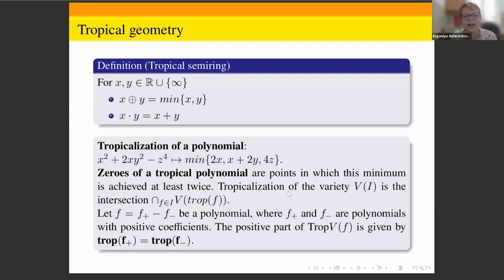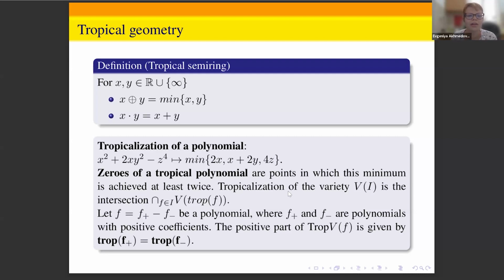So now let's recall a few definitions from tropical geometry. There are two ways to think about tropical varieties: as zeros of tropical polynomials, or as valuations of varieties over the field of Puiseux series. There are more general definitions of tropicalization, but for now we will be focusing on these two.